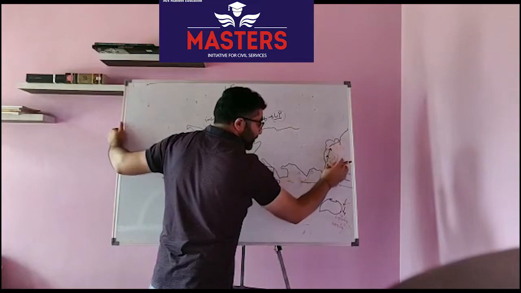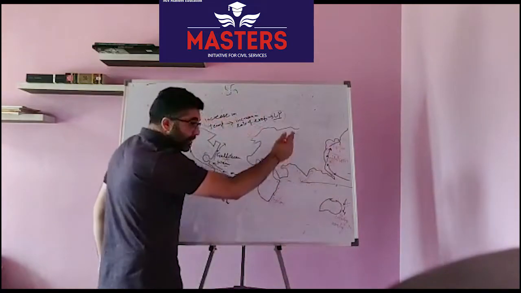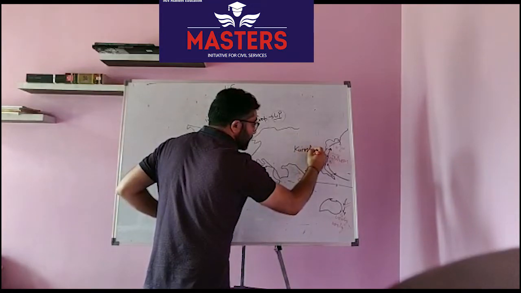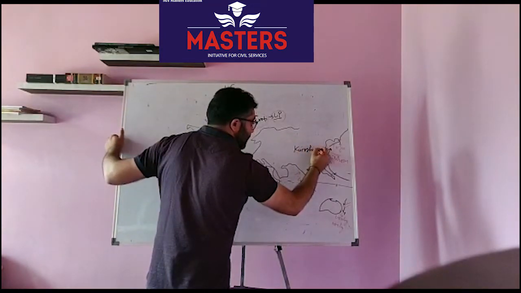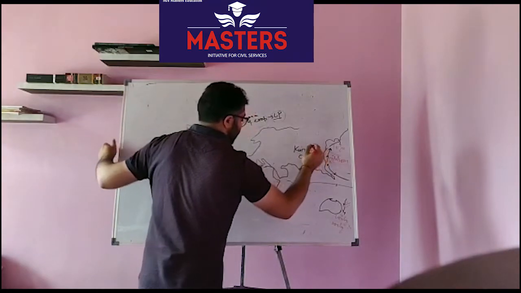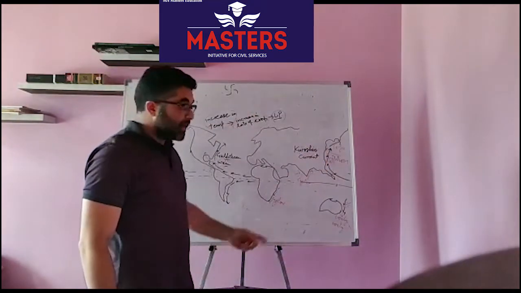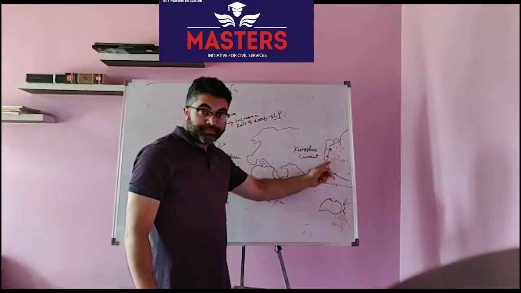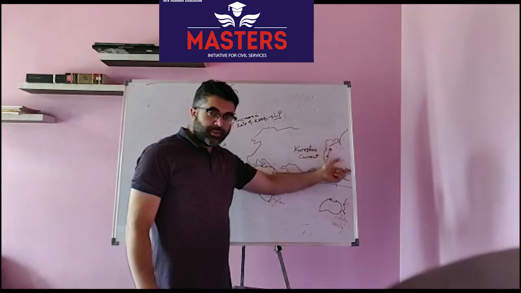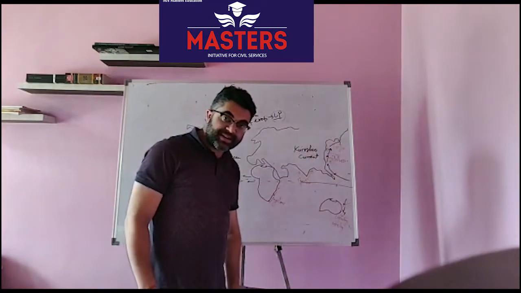Now again, there's warm water from the equator. This current is named the Kuroshio current. Again warm water, higher temperature, low pressure, and the rest of the process we understand.